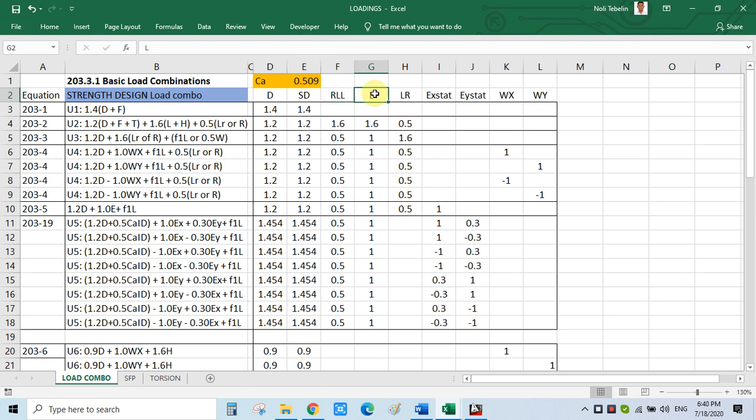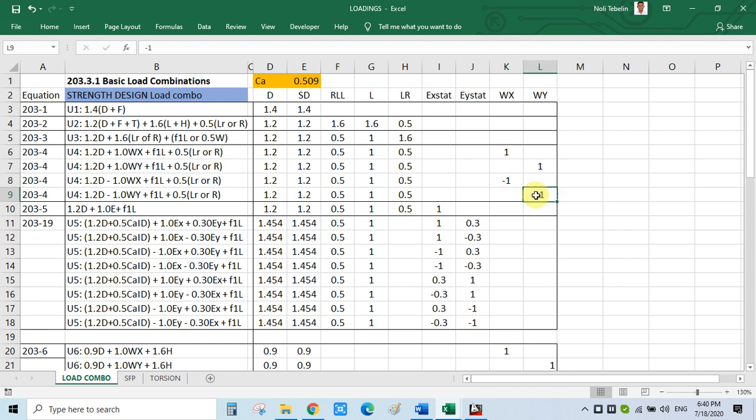Then sa equation 203-4, we will add wind load along X and wind load along Y. Then, makakaroon tayo ng negative values. Okay? So, equation 205, balik tayo dito. Ito yung equation 205. So, meron itong earthquake.